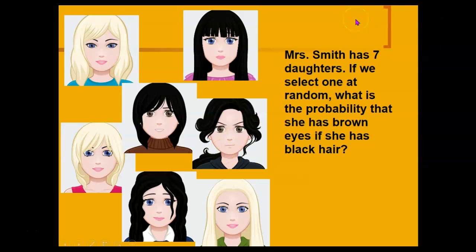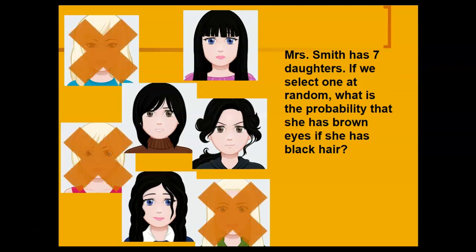Now some practice with conditional probability questions. Mrs. Smith has 7 daughters. If we select one at random, what's the probability that she has brown eyes if she has black hair? Notice what that's asking. It's saying, what's the probability that the daughter we select has brown eyes if she's one of the ones with black hair?